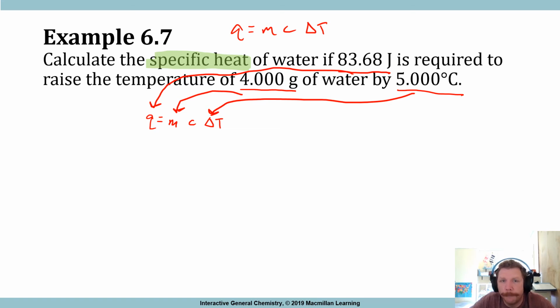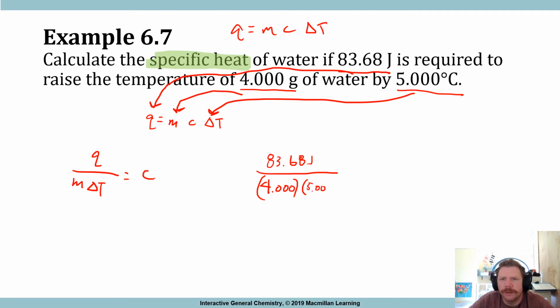Instead it's saying, based on these values, what is the specific heat? So all we're going to do is rearrange this equation to be Q over M delta T equals C, because C is our specific heat. So I'm going to plug all this information in: 83.68 joules divided by my mass, which is 4.000, times 5.000.